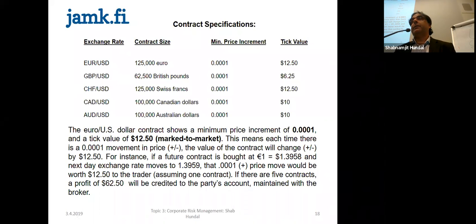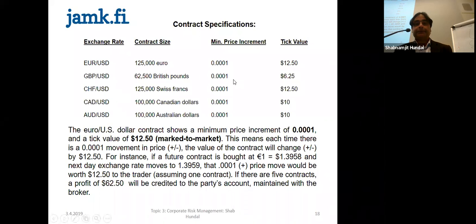Does it make sense? So you don't really have to have a lot of money to do the trading in this case. And if you are in the US and you want to trade British pounds, then 62,500. And for Swiss franc it is this much, for Canadian dollars this much, for Australian dollars this much.